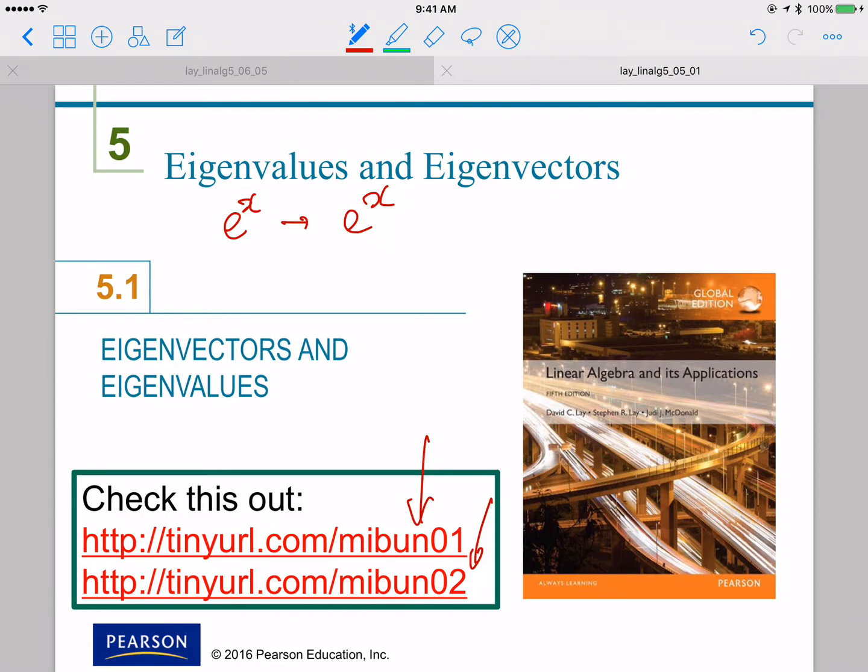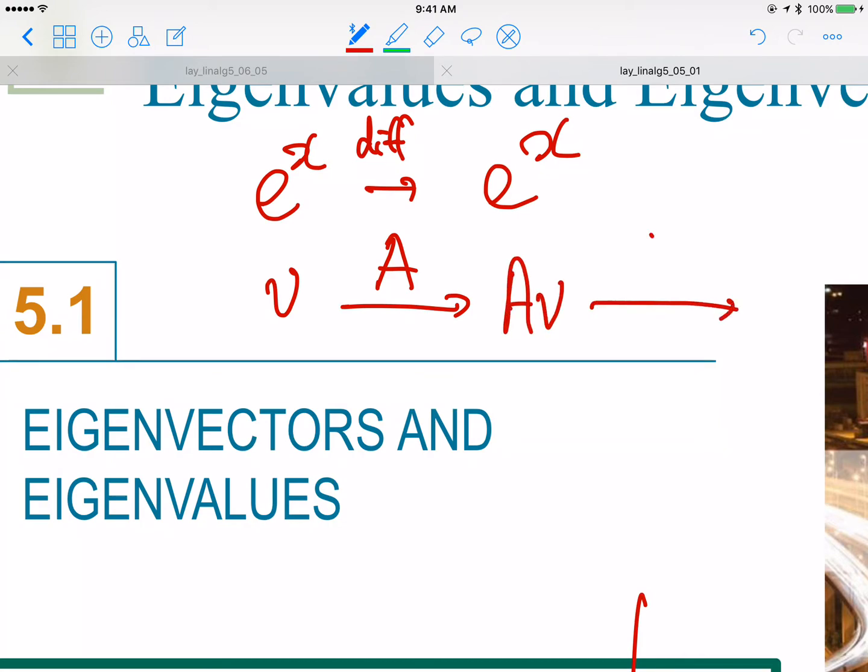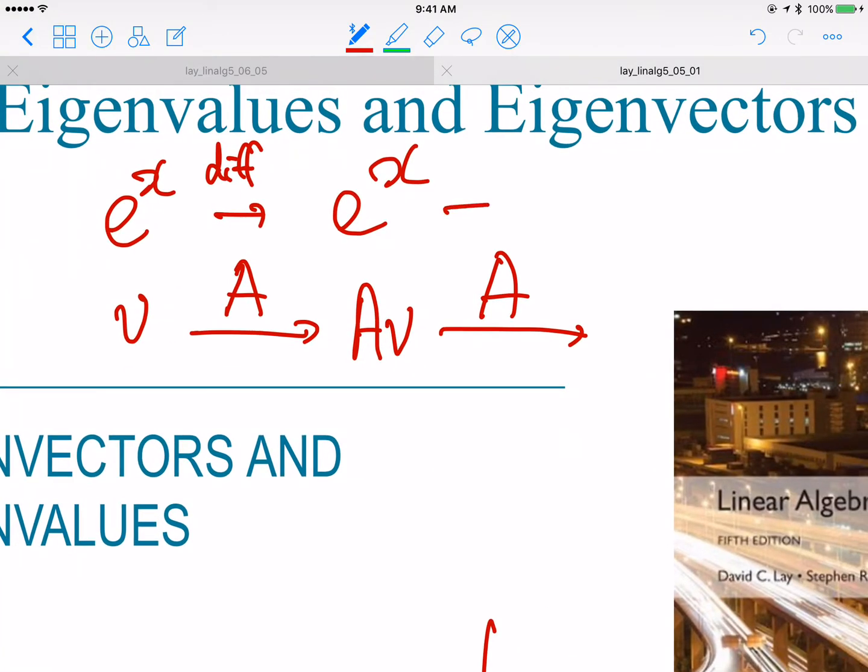and that is this. Here we are differentiating in this step, but in our matrix world we are multiplying the matrix A. And what do we multiply this matrix with? Some vector V. And then this will become AV, and we keep doing that.